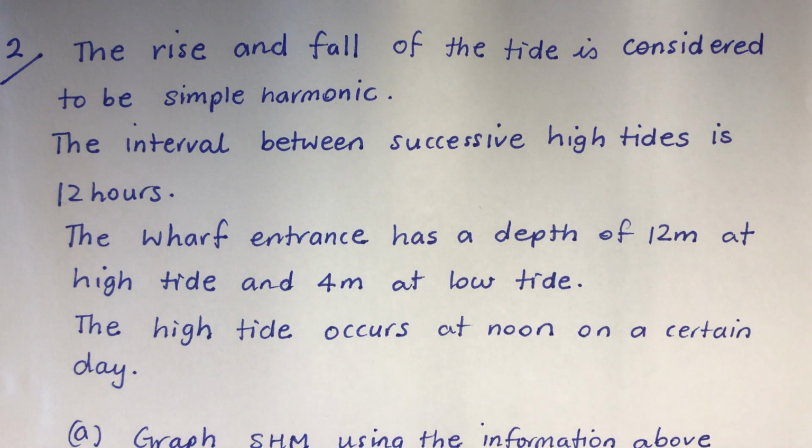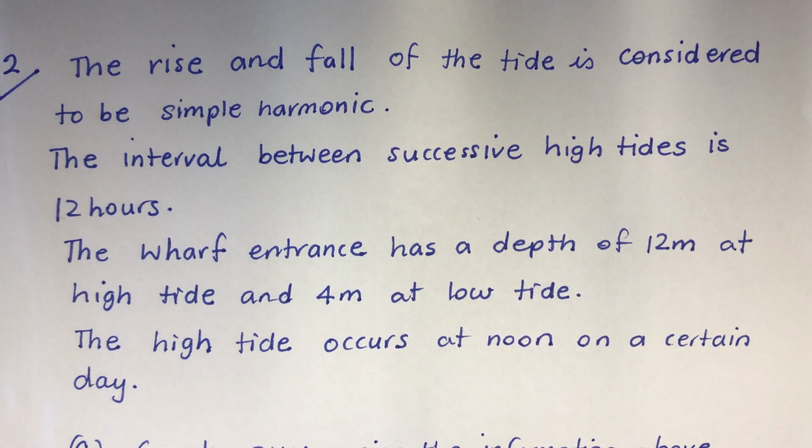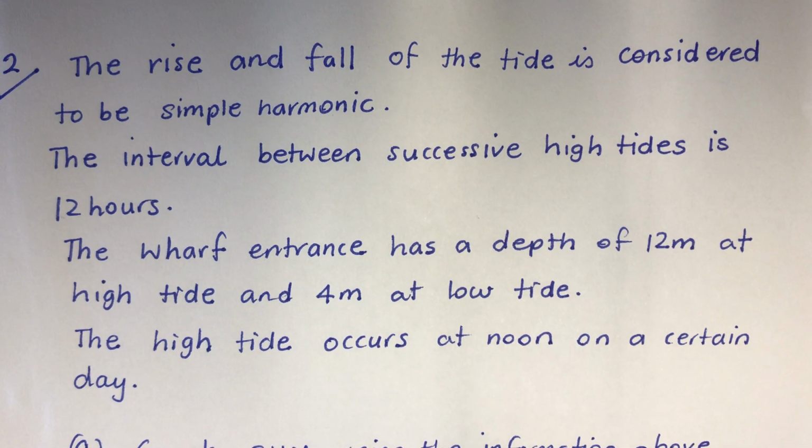Now the next question is quite long, but we can just read a little bit and see how we go. The rise and fall of the tide is considered to be simple harmonic. The interval between successive high tides is 12 hours.